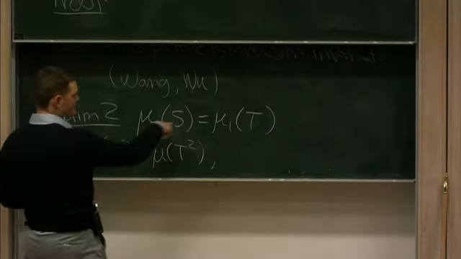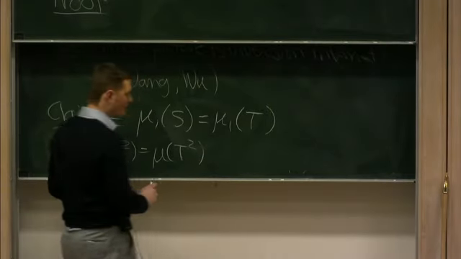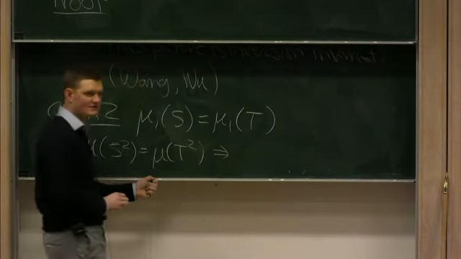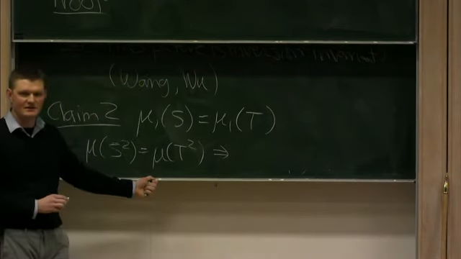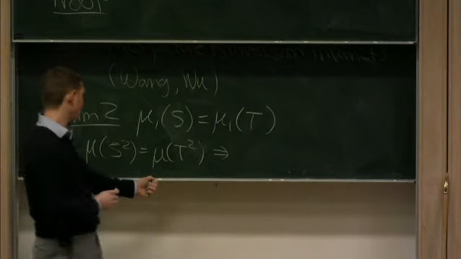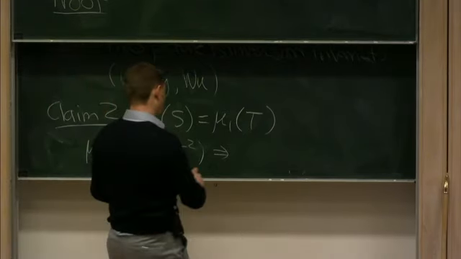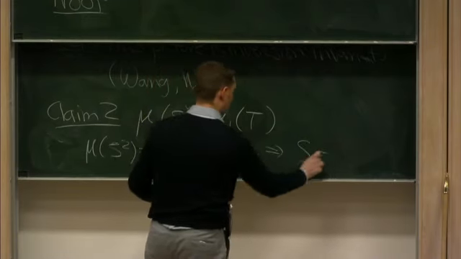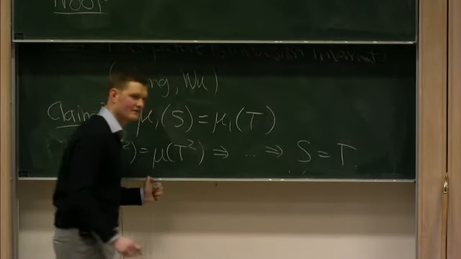So if we have this result, then we have equality in Cauchy-Schwarz, which implies that S equals T up to some constant, and then by symmetry the constant has to be 1. So I'm going to omit that argument. Hopefully it's clear.